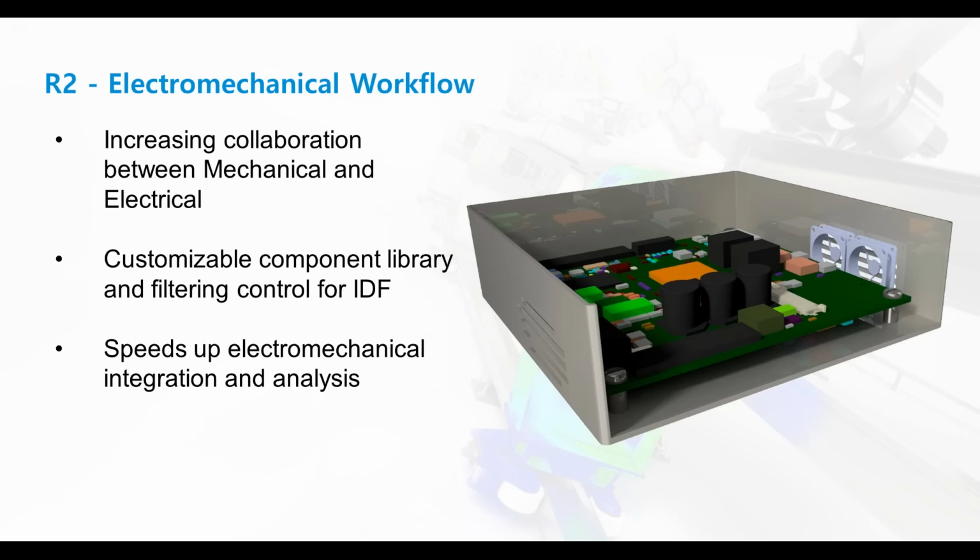When you bring in an IDF component, it's going to do a substitution. If you have branded any of these components or made minor modifications to them, you can do an automatic substitution as you bring them in. By doing this, it can speed up your integration into other analysis packages.